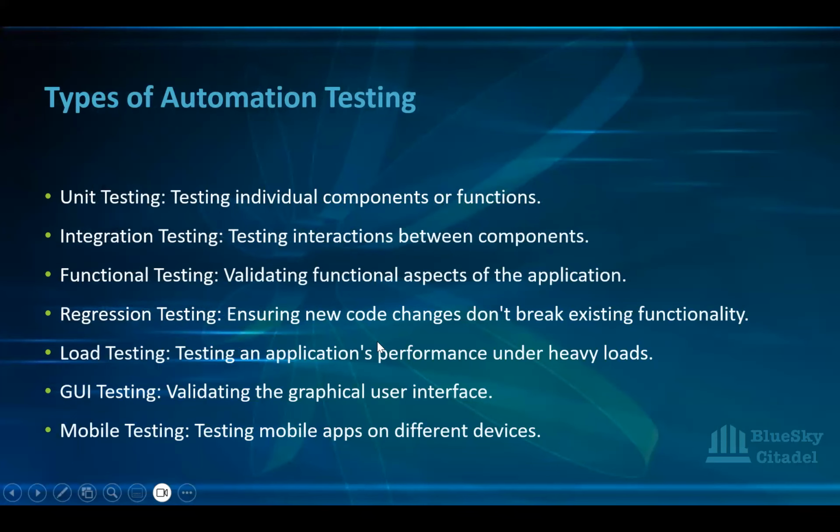I'm going to talk about the types of automation testing. As a QA, it's important for you to know that your developers too do write tests. The types of tests your developer writes are unit tests and integration tests. Unit testing is a requirement for developers.